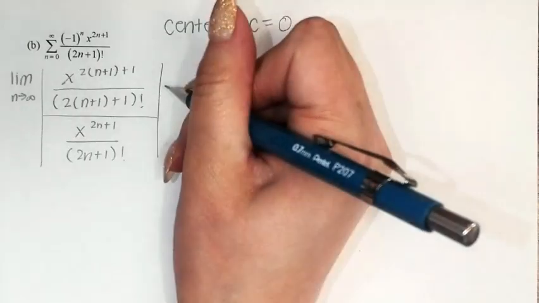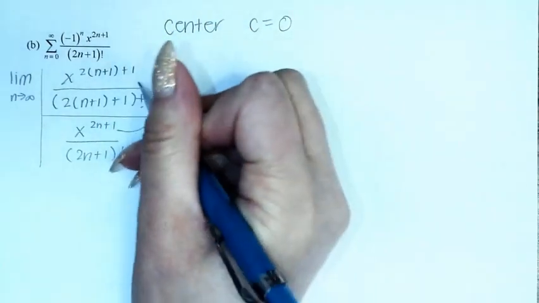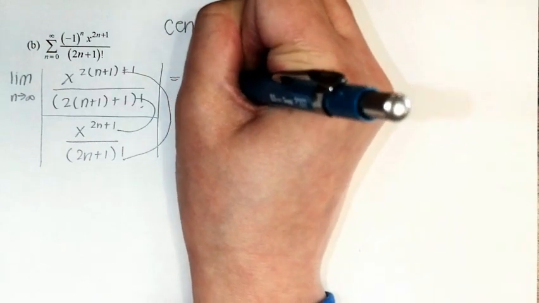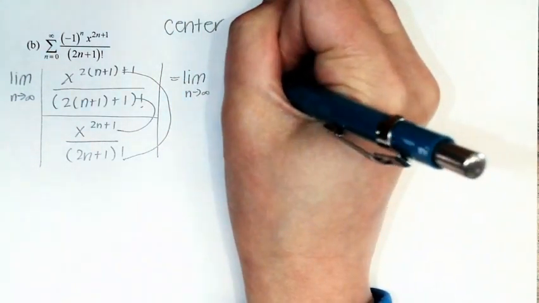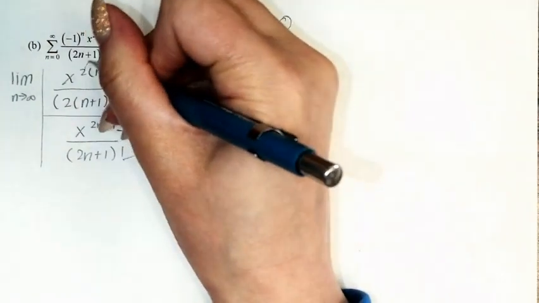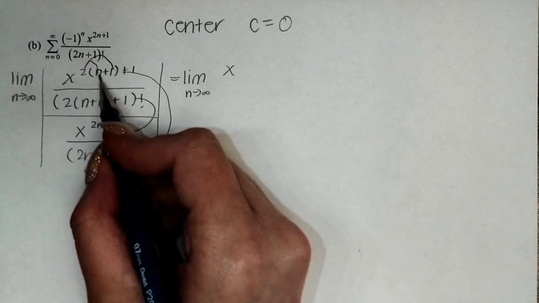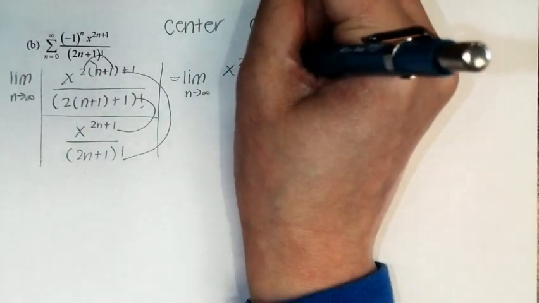You use our sandwich rule, the insides together and the extremes together. So let's clean it up. You have the limit when n approaches infinity of x to the power of, distribute this 2 here and here, so that one is 2n plus 2 plus 1, that's 2n plus 3.